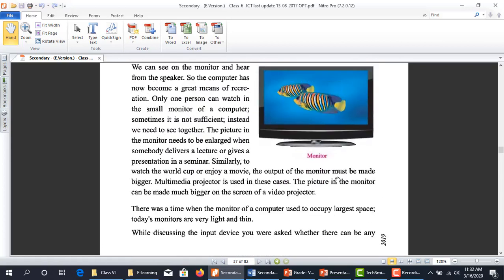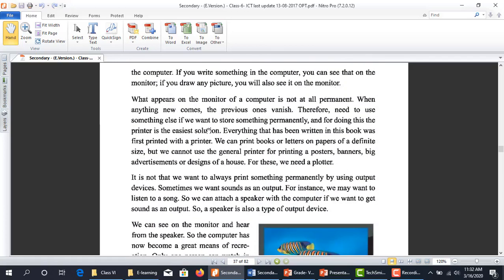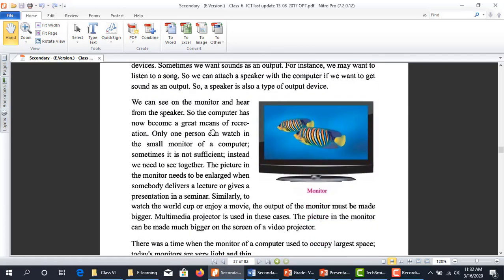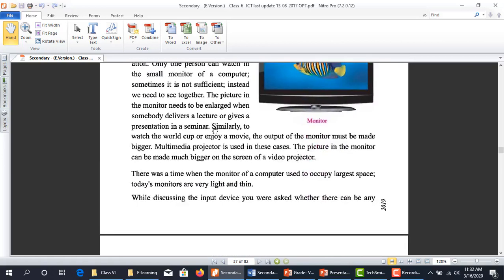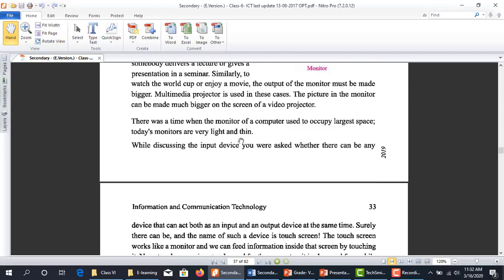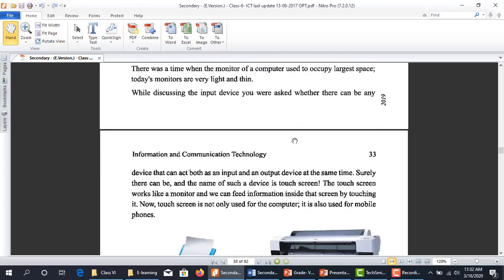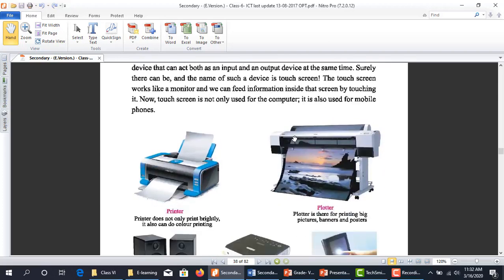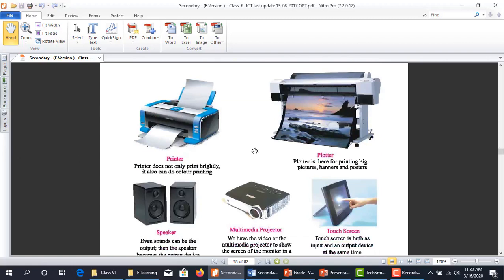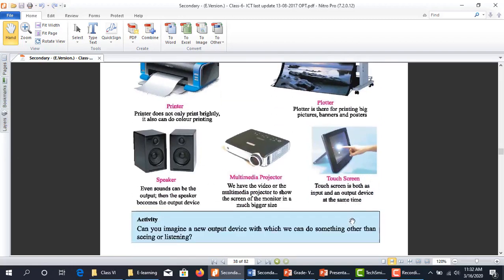You have some discussions in the book, and you have to finish them at home, reading line by line what you have understood from this video. Here you have some output devices: printer, plotter, speaker, multimedia projector, touch screen.